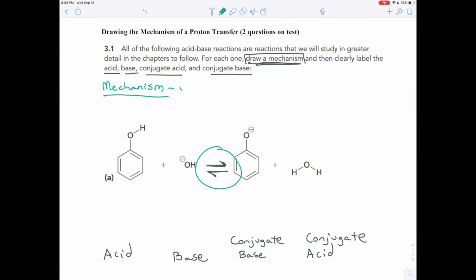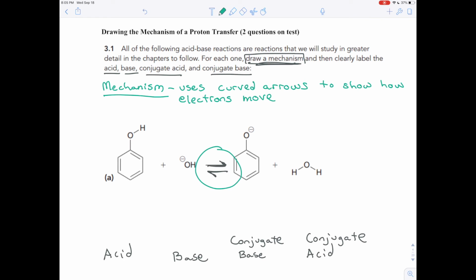A mechanism uses curved arrows to show how electrons move. When electrons move, bonds form, bonds break. It's the electrons that are like the glue in these molecules.